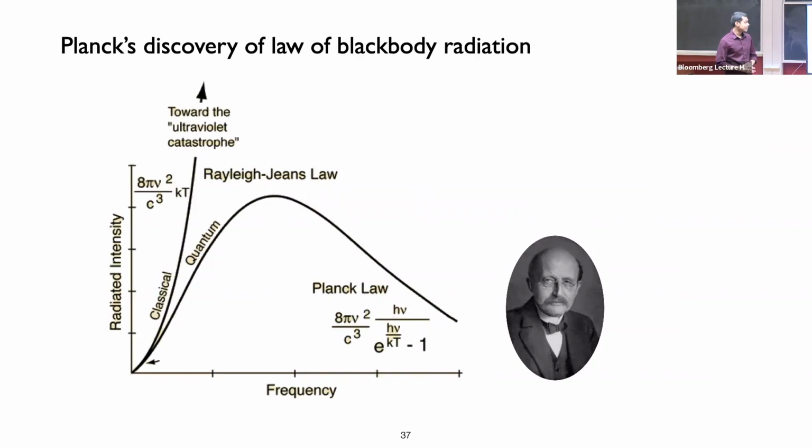The first one is Planck's law of black body radiation. So for example, in the 1900s, people had found this classical relation where the intensity goes as frequency squared. And measurements actually showed that you have to have a dip at high frequencies.